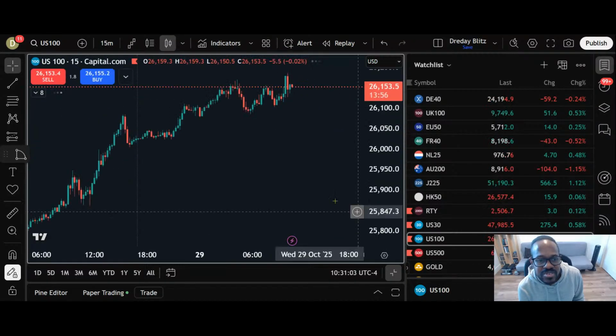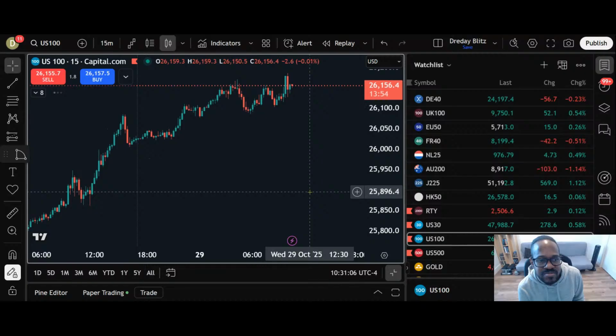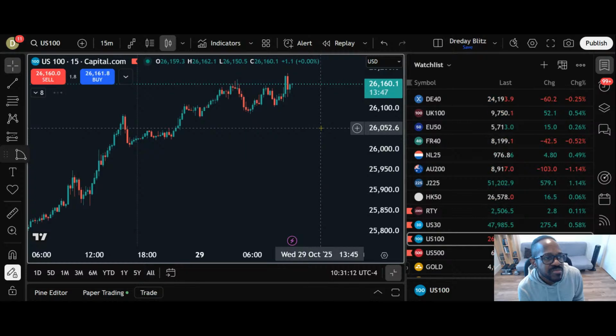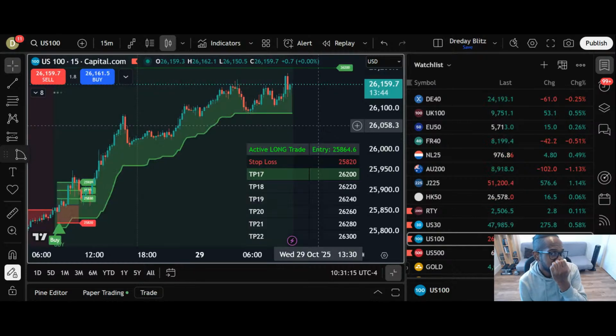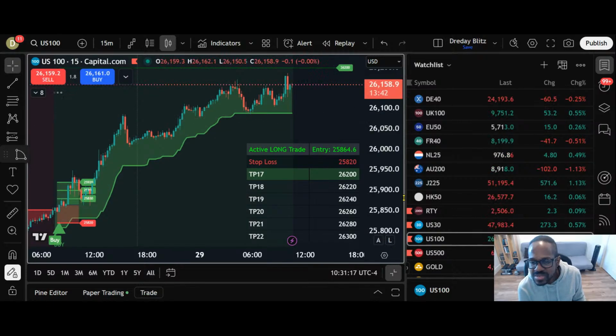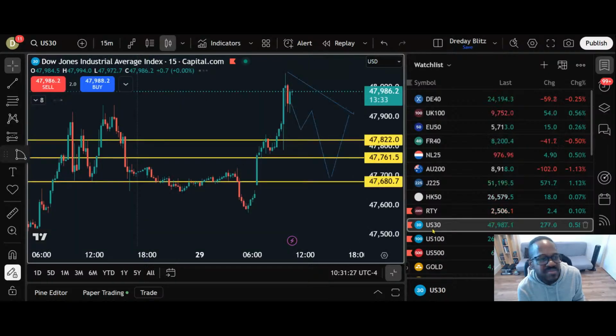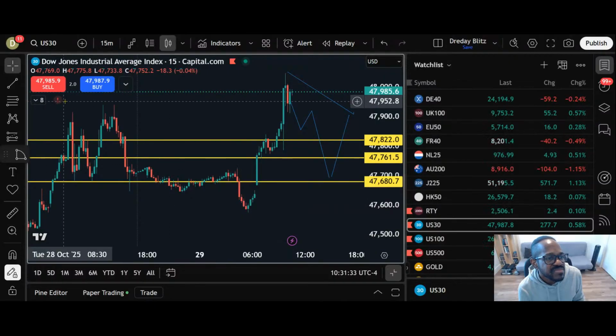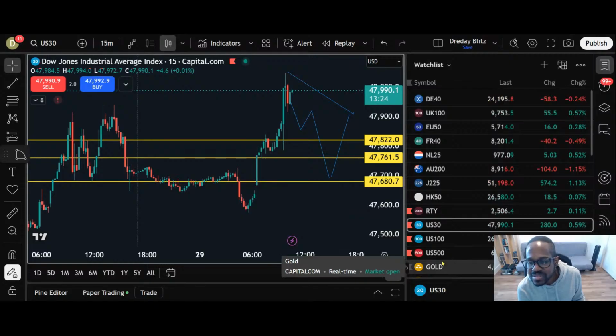Very strange. All right, so that's loading. Okay, there's an error on this chart.